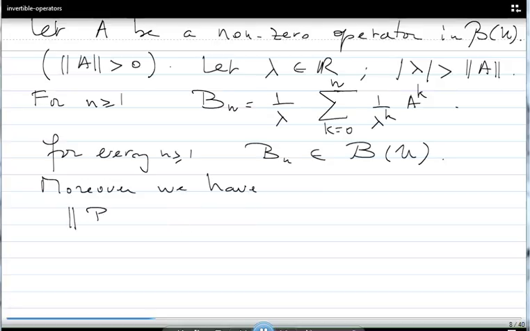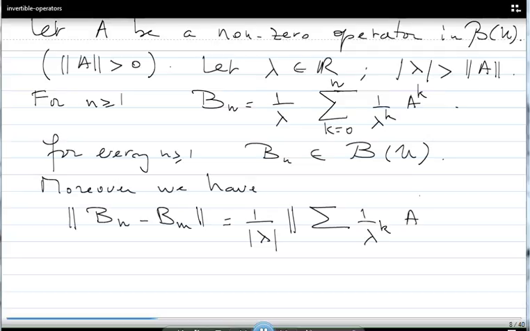The norm of Bn minus Bm equals 1 over absolute value of lambda, the norm of sigma of 1 over lambda to the power k, a to the power k, from k equal m plus 1 to n, and this is for every n bigger than m, for any n greater than m greater than 1.